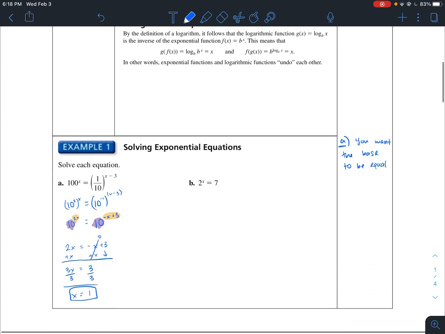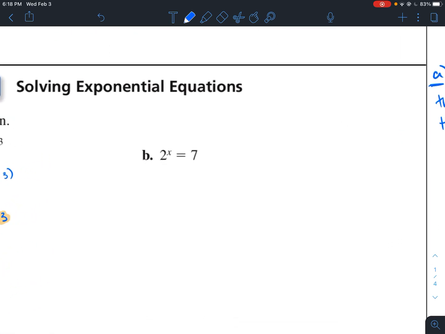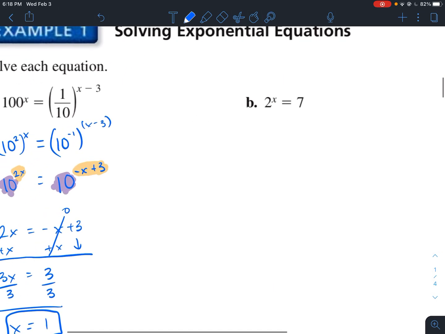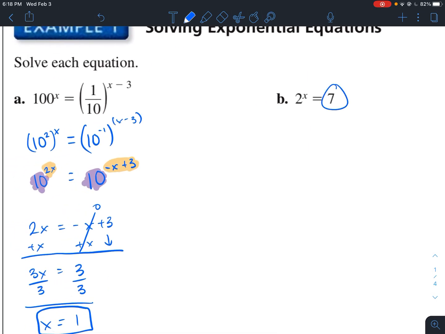Okay. Now for b, obviously we can't use this property because this is a base of 2 and this is a base of 7, which is 7 to the 1 power.